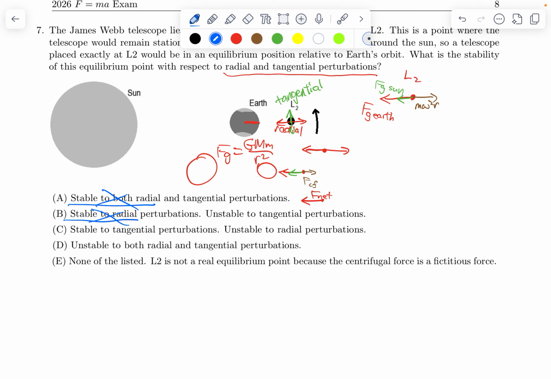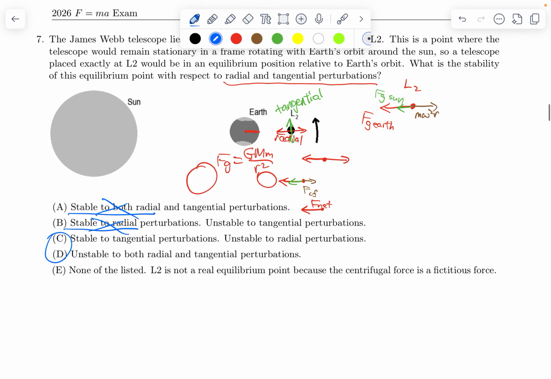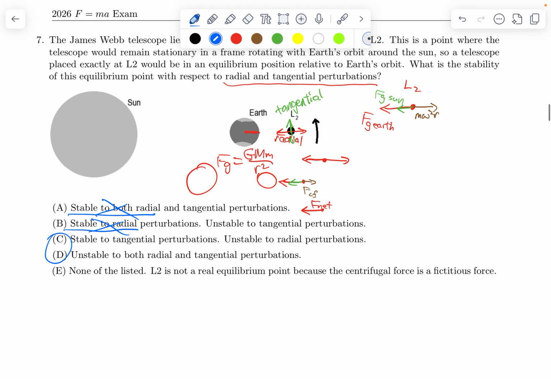Okay. So this one, only C and D work, and E says none of the listed: L2 is not a real equilibrium point because the centrifugal force is a fictitious force. Okay, so let me explain this. The centrifugal force is a fictitious force, but in the frame of the L2 point for the satellite, it acts as a force.